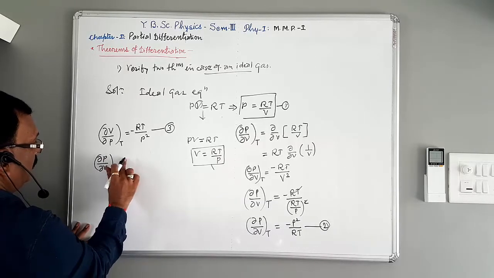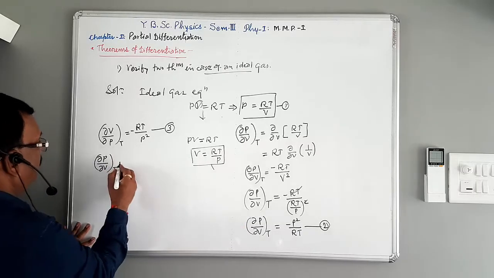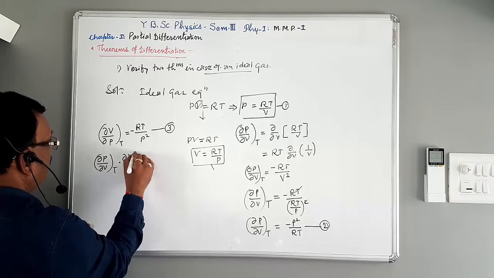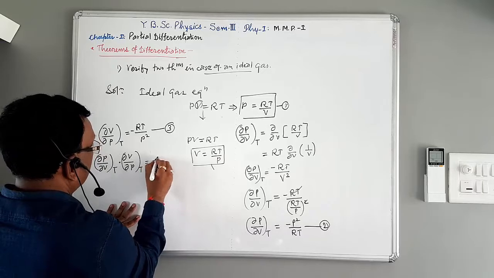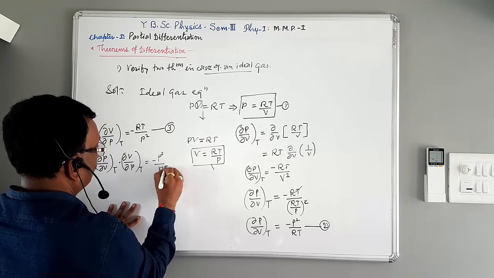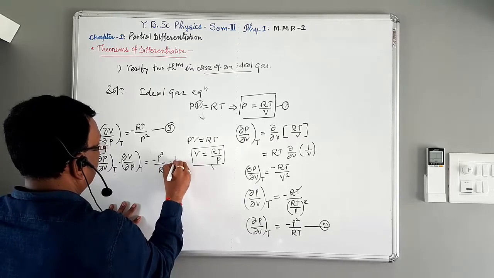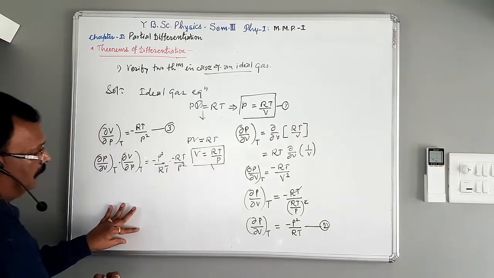Now from equation 2 and 3, take the product of equation 2 and 3. Therefore delta P by delta V at constant T into delta V by delta P at constant T is equal to minus P square upon RT into minus RT upon P square.